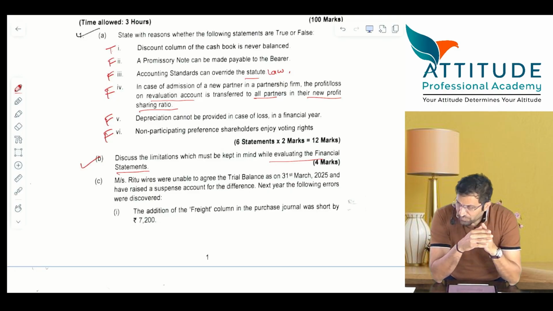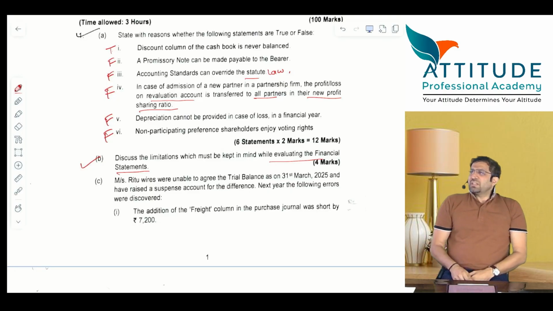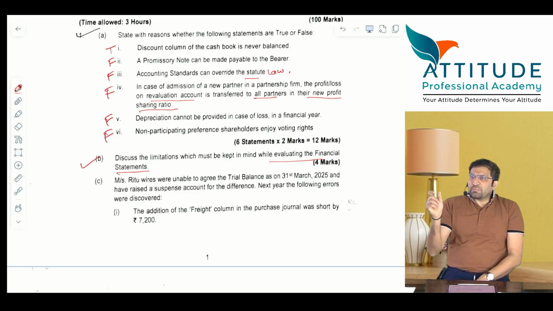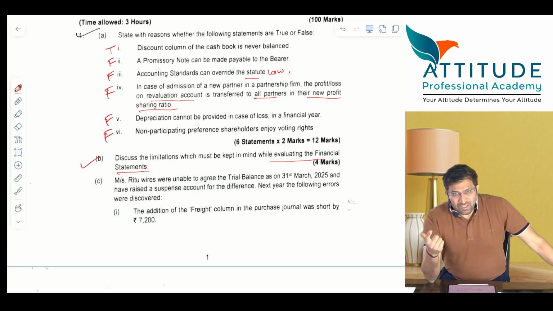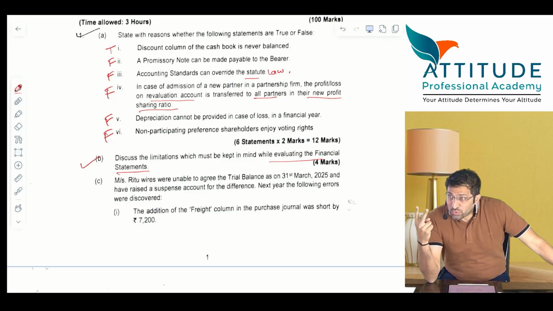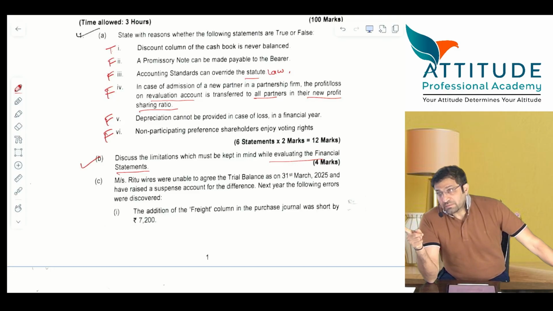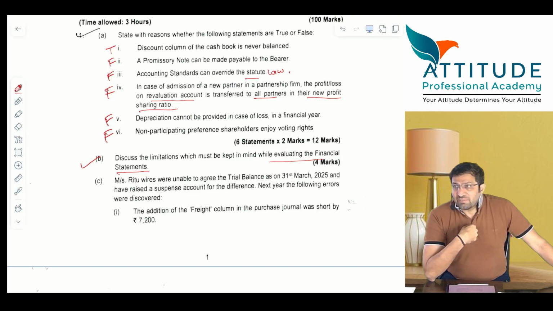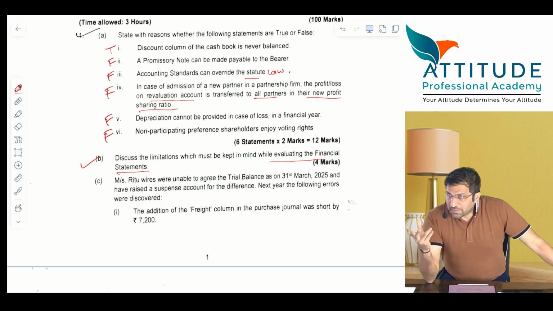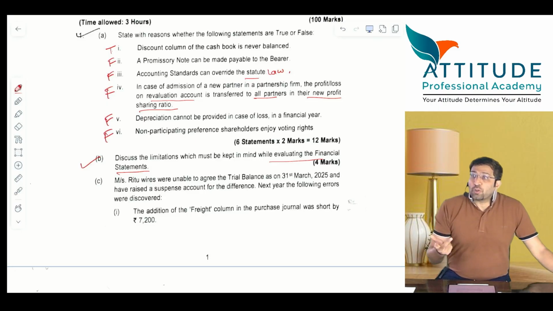Is that clear? One more limitation, not a limitation though, but there are different accounting policies, treatment of different accounting policies done by different organizations. For example, inventory is valued at cost or NRV, whichever is lower. This is the principle. Methods? FIFO is allowed. Weighted average is allowed. In fact, as per AS2, these two methods are allowed. So you might take the FIFO method, I might take weighted average. Later, for comparison of both our financial statements, what will happen? It becomes difficult because you have followed FIFO, I have followed weighted average.